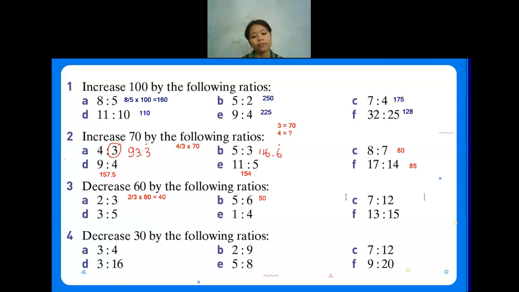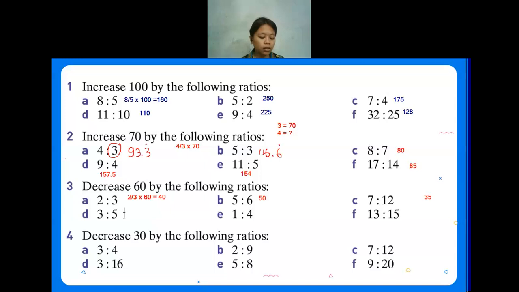That is the difference, but all the steps are the same. Yes, teacher. Okay, now let us move to question 3C. The ratio is 7 to 12. I think it's going to be 35. Okay, good job, 35. Now what if the ratio is 3 to 5? 36.